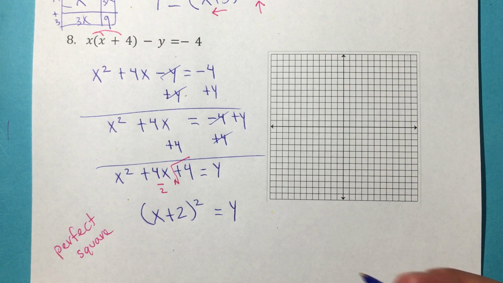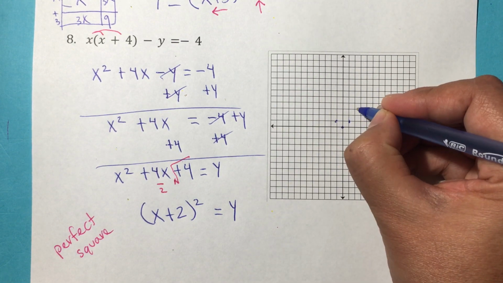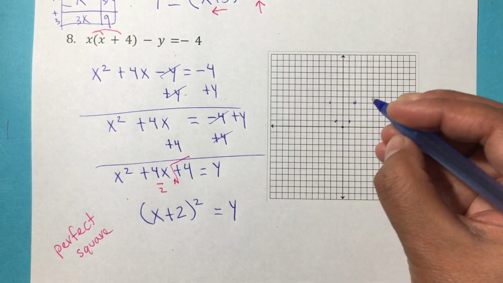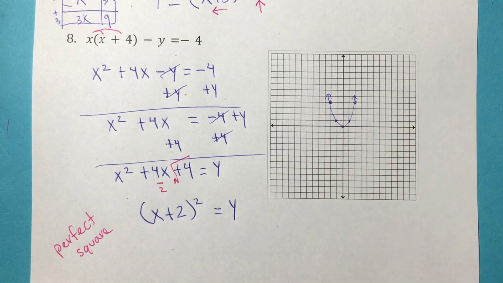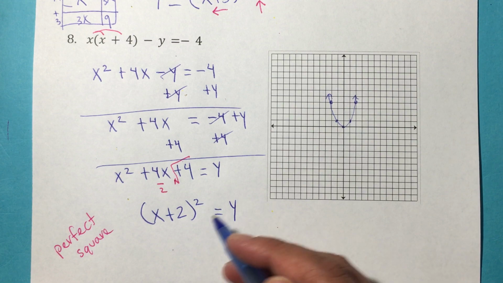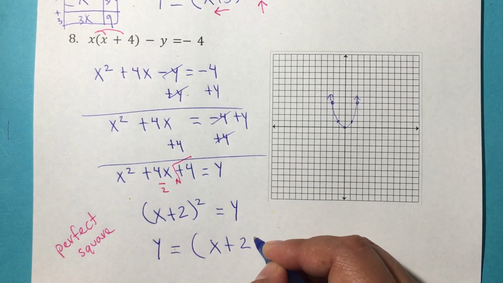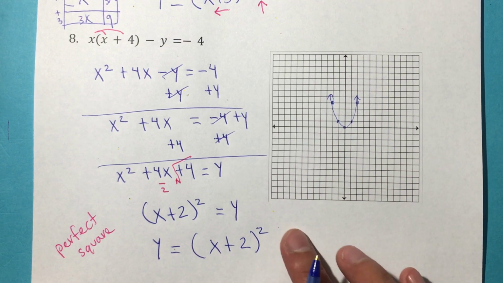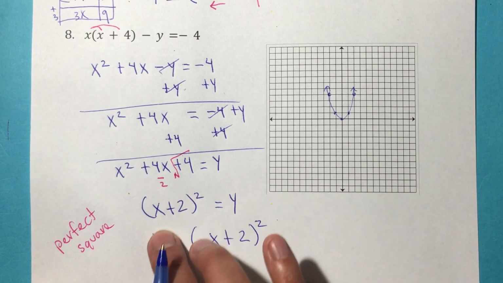So to graph this, what we're going to do is our mother graph is right there. Okay, now for the transformation, you're not adding or subtracting. Let me rewrite it. You just have this right here. You're not adding or subtracting anything, so that means that you're not going to move anything on y.